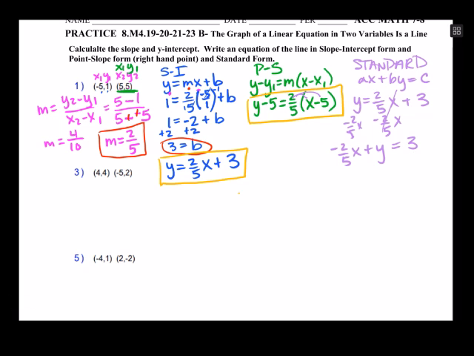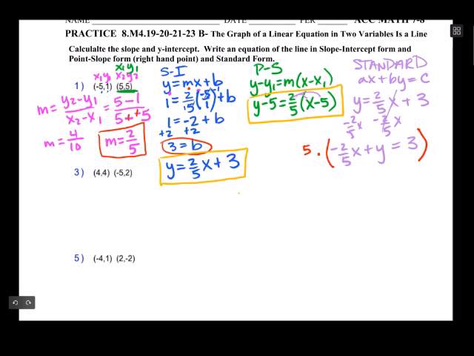Remember, our rule says that our leading coefficient has to be positive, and it also needs to be a whole number. So how do I get rid of divided by 5? I am going to multiply my entire equation by 5.